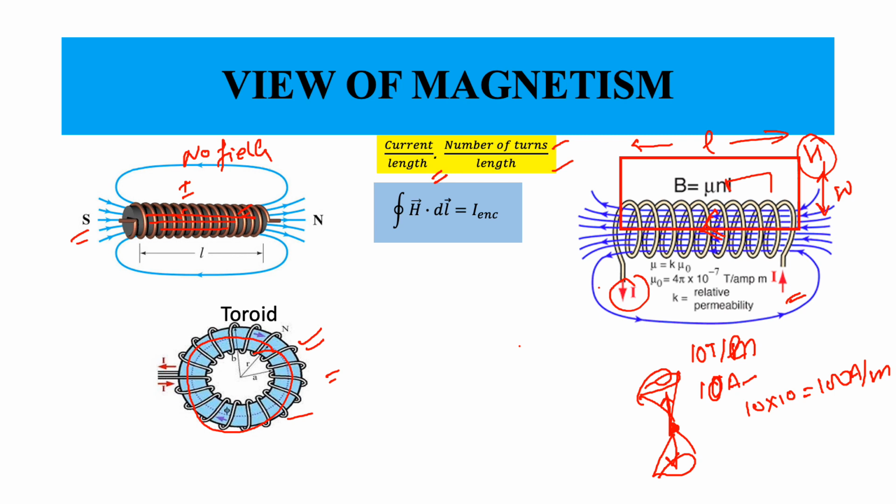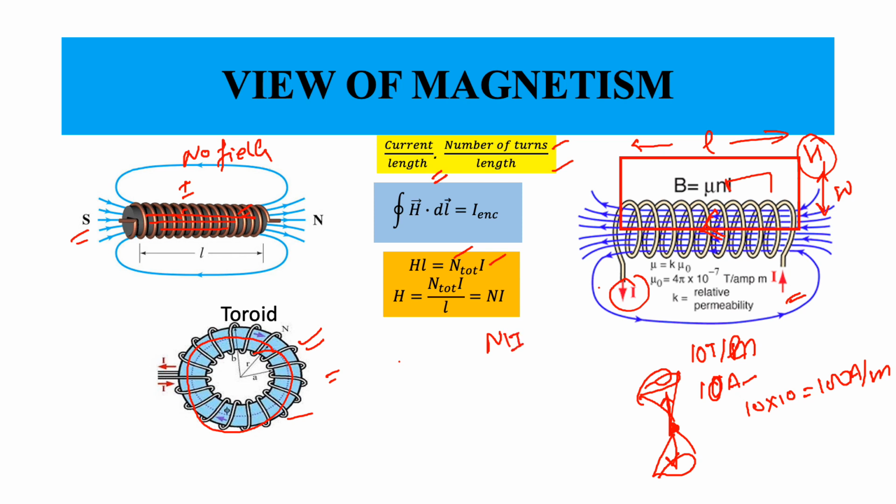If the length of the path is L, then the total current will be NiL. Here N is the number of turns per meter, multiplied with the current, which gives the total current per meter, and then you can talk about NIL.